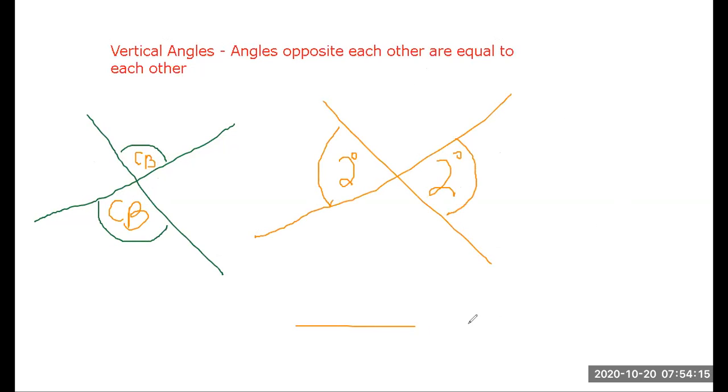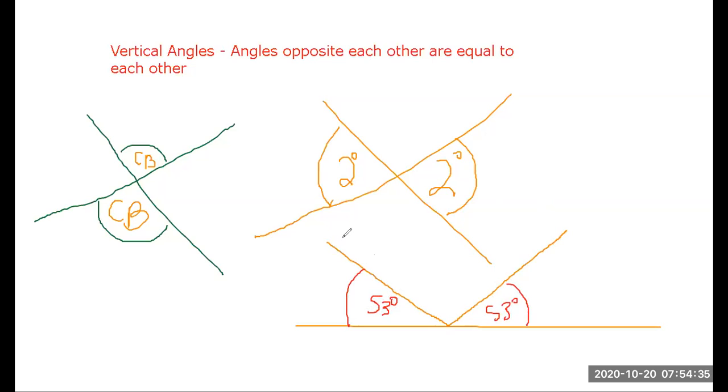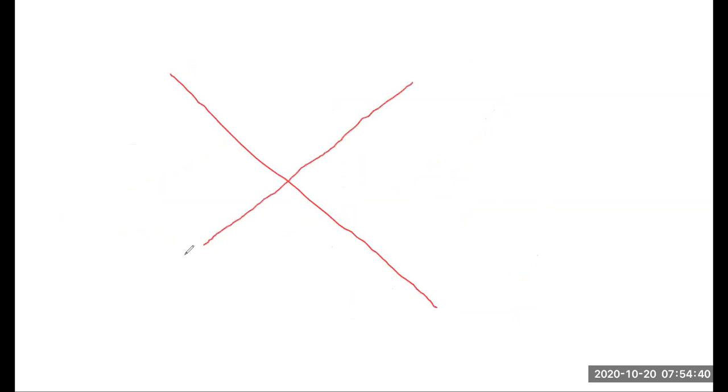Let's do another one. This angle right here is 53 degrees. This angle right here is 53 degrees. Do you see how similar they are? It's just opposite angles. So if right here, this is 20, I want you to also realize that this angle right here would be a supplementary angle.